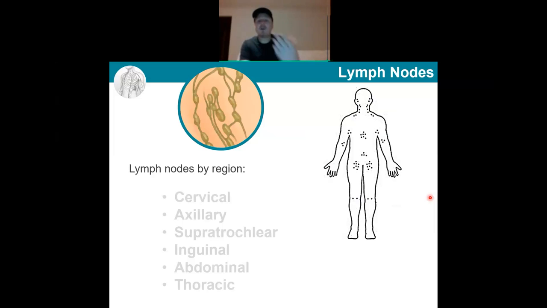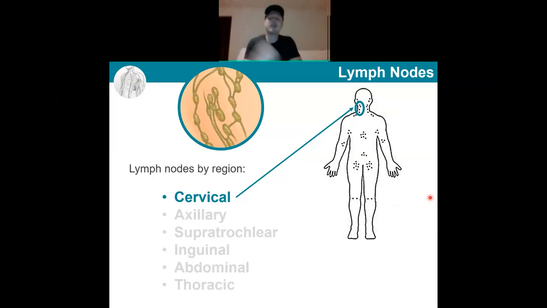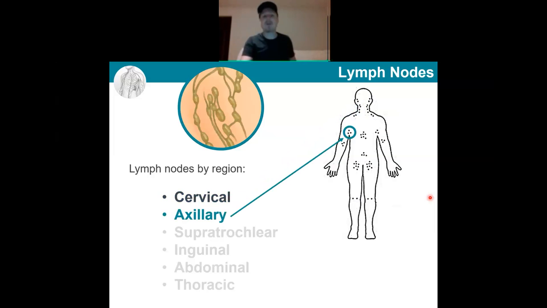So let's have a look at where in the body you might find lymph nodes. And again, this diagram that I'm showing is going to be available for you to download from the Canvas. So we find lymph nodes at the cervical area, that's our neck. We also find them at the axillary area, so in your armpit.